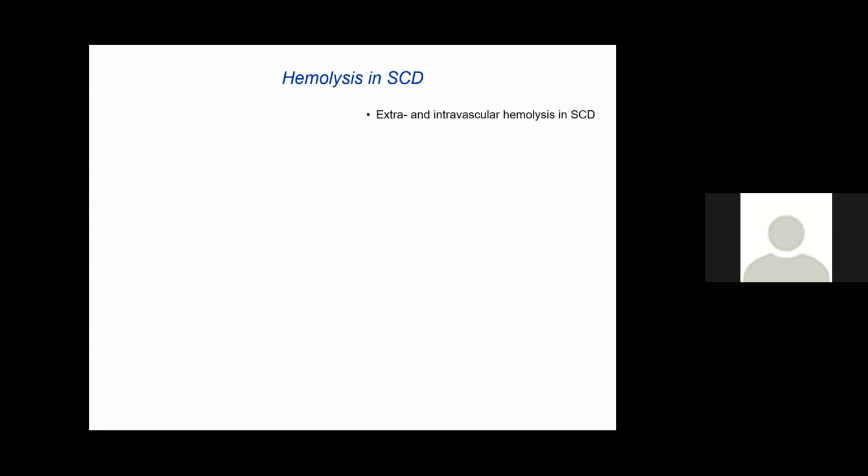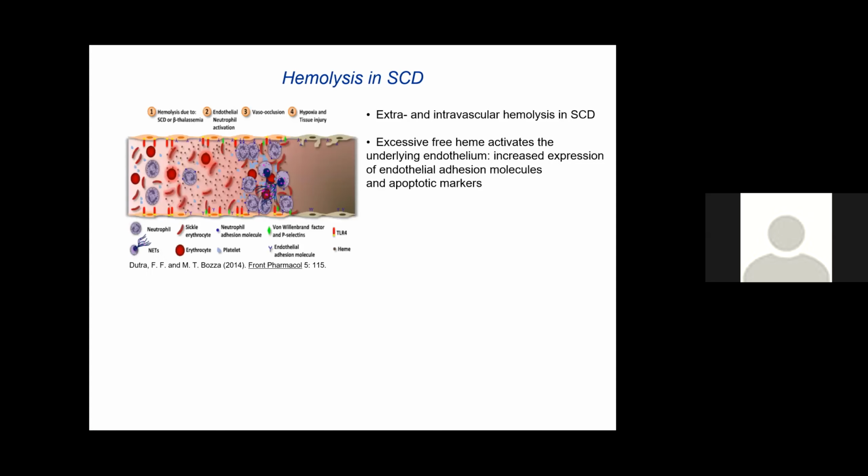Hemolysis, as I said, is a hallmark of sickle cell disease. Red cell destruction can occur extravascularly and intravascularly. In fact, an estimated one third of hemolysis occurs intravascularly in sickle cell disease. The excessive free heme can activate the underlying endothelium and upregulate adhesion markers on the endothelial cells.